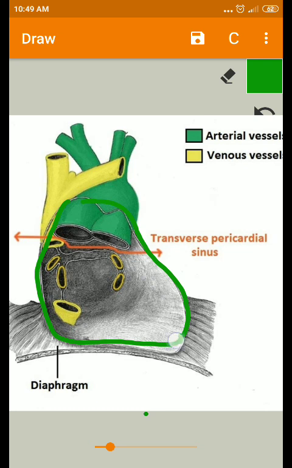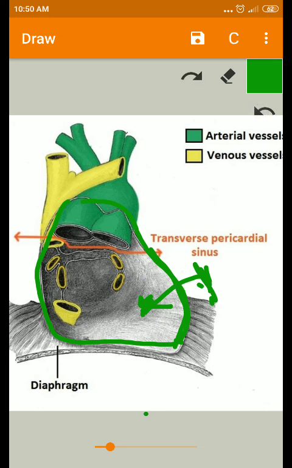This pericardium also protects the heart from infections. The fibrous pericardium serves as a physical barrier between the muscular body of the heart and the adjacent organs which are prone to infection, such as the lungs. So any lung infection will not transmit to the heart because of the presence of this pericardium.